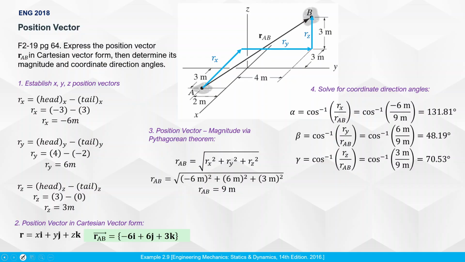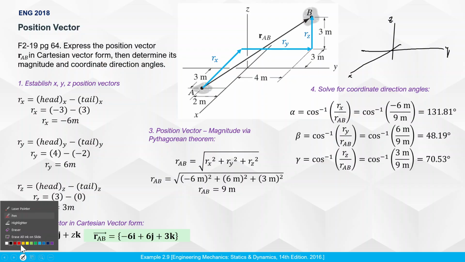Ulitin natin to. Okay, good. So, yan, and then, ganyan. Ito yung Z, Y, X. Ibahin natin yung kulay, red muna.